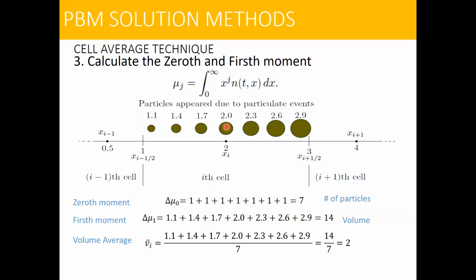Here, 1, 2, 3, 4, 5, 6, 7 particles, each with its volume. And if we want to calculate the average volume in the cell in this scenario, it is straightforward like this.